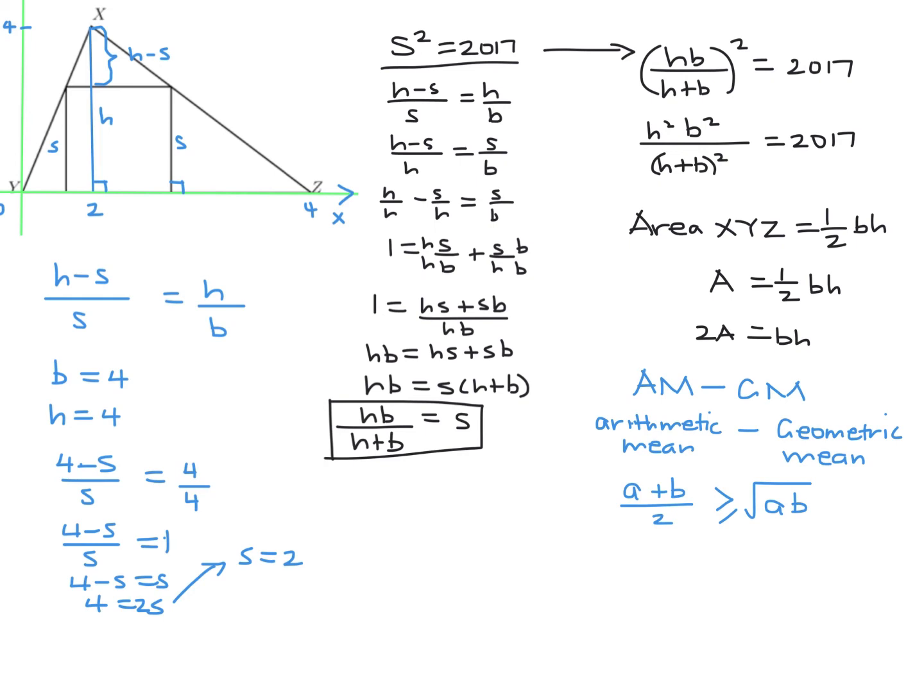And you can manipulate this in its own way. For example, if you were to square both sides, this would become (a plus b) squared over 4 is greater than or equal to ab. And you can put everything on one side, and it would be 1/4 is greater than or equal to ab over (a plus b) all squared, like that.